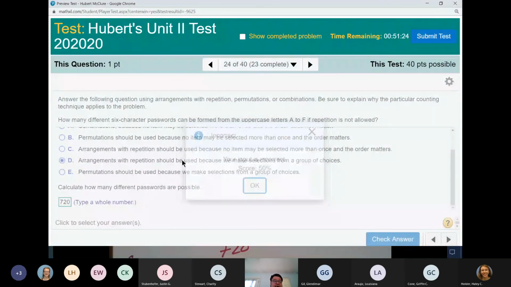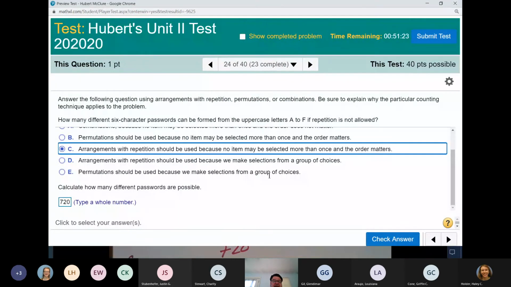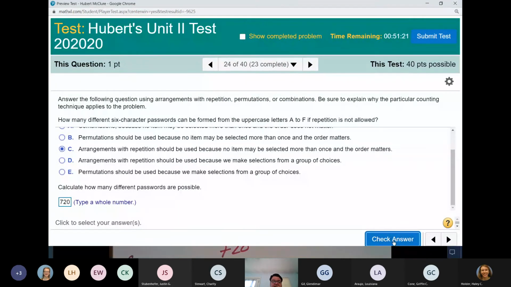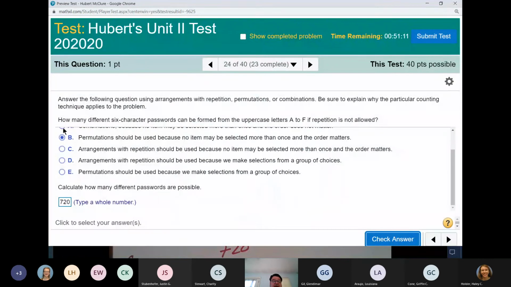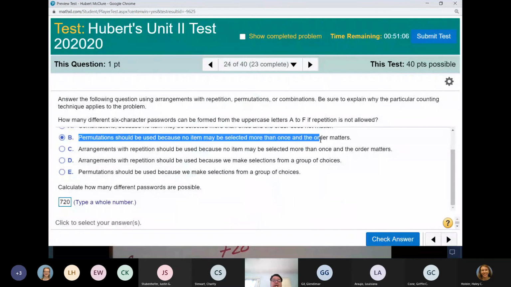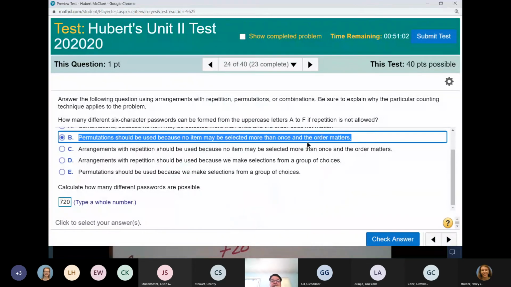Because you read the... I hate when they start writing. Well, evidently, it's a permutation there. Now, that's not a permutation when you use factorial. Write this down: permutation should be used because no item can be selected more than once and order matters.